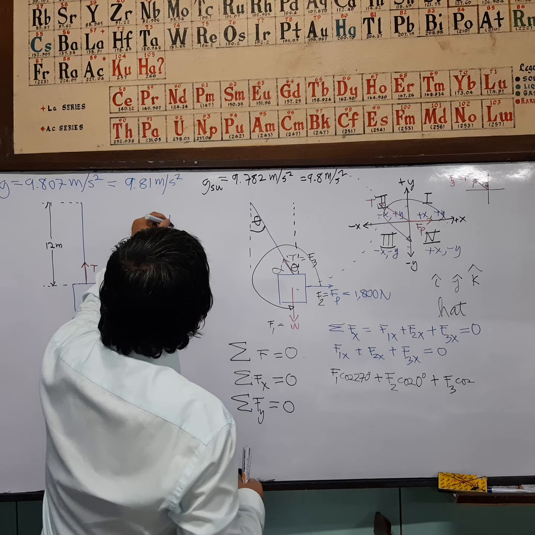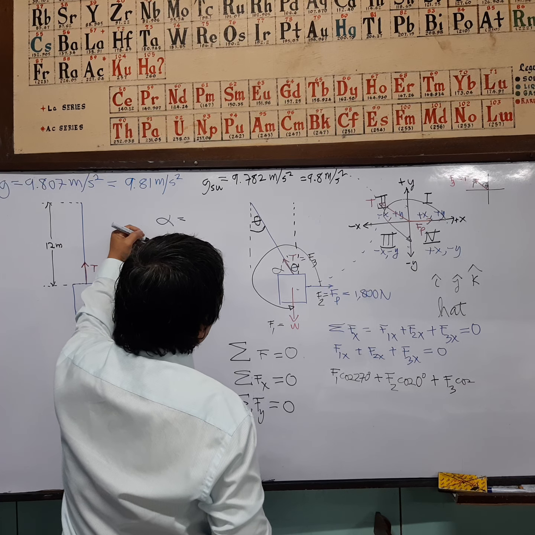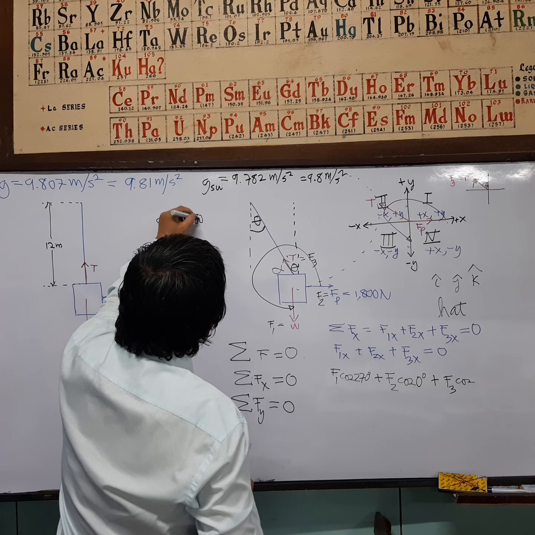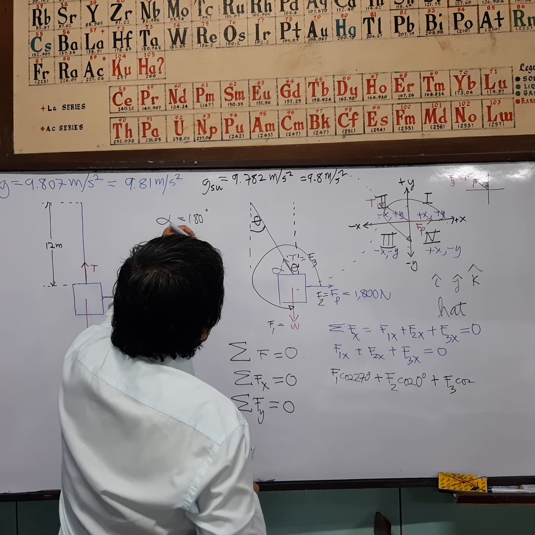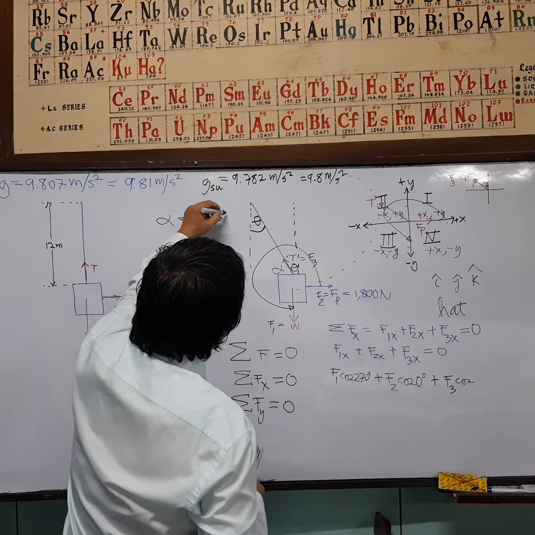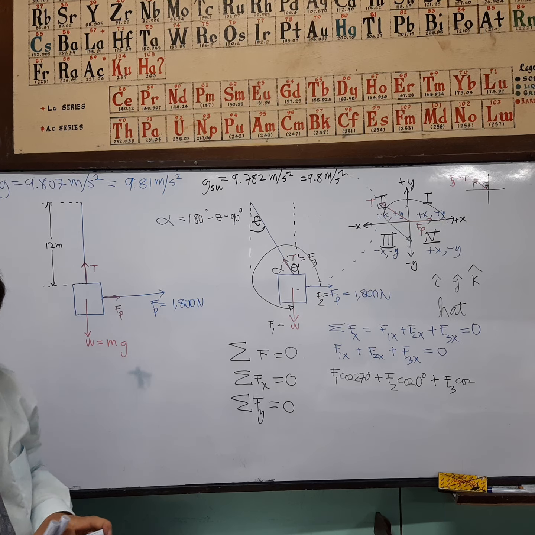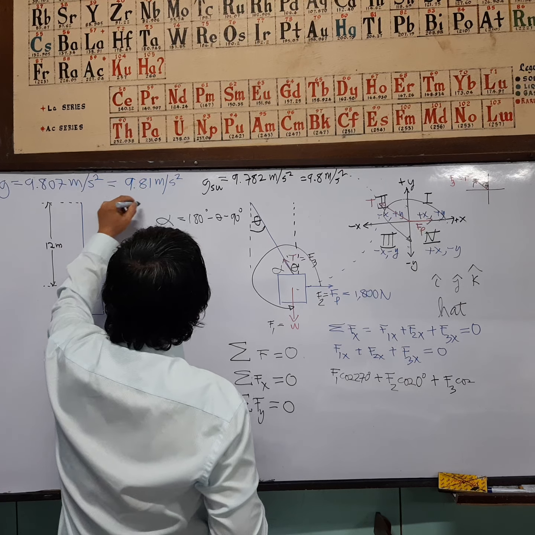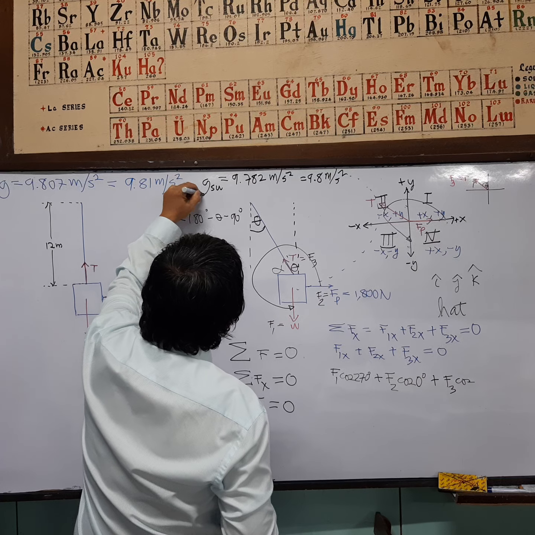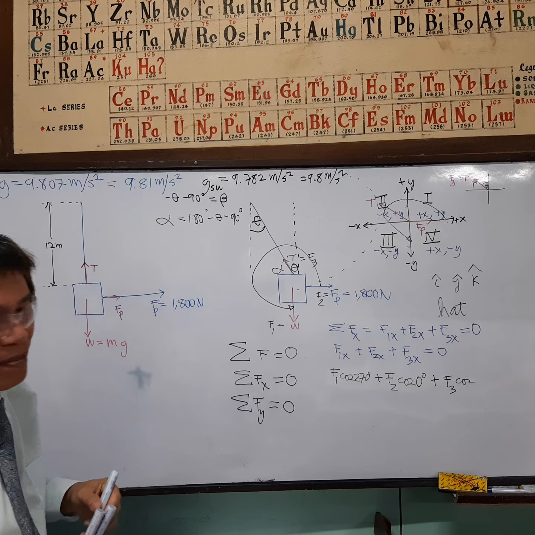Alpha equals 180 degrees minus theta minus 90 degrees, if you want to be a little bit complicated. Or we can call that beta, minus beta.